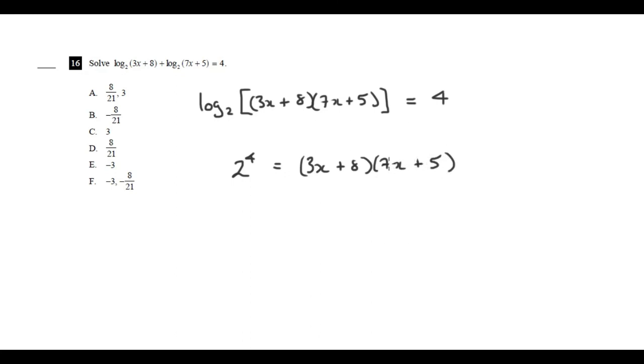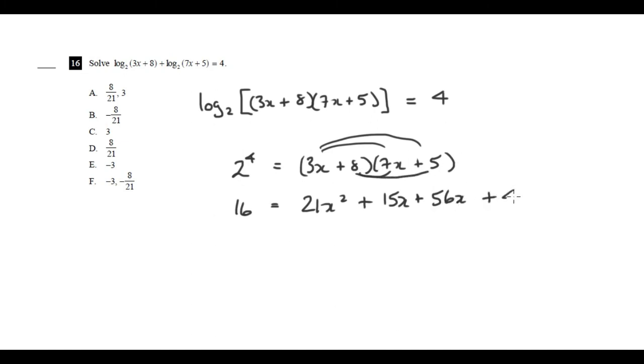So it's kind of a nasty quadratic we have here, but 2 to the power 4 is 16. So we'll do that at least in this next step, and we'll start expanding this out. This is going to be 21x squared, and here's our quadratic expression. We'll get a 15x, and then we'll get a 50, ooh, I forgot the x. And then we'll get a 56x, and then finally we have a 40.